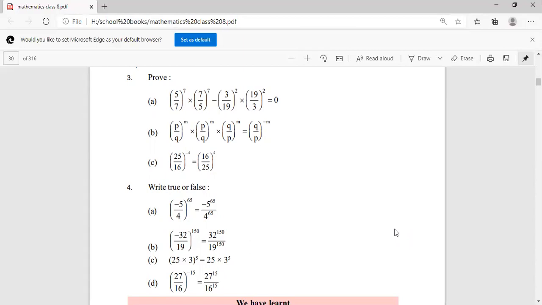Let me remind you that you should complete your homework. Before the next class, you have to submit your homework part, and how to submit it will be reminded to you using your mobile number.